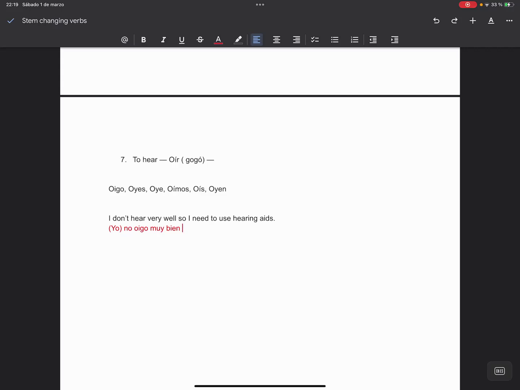So that connector, it's raining, so I'm staying at home. Or I don't have money, so I'm not going to buy the car. That is así que. It's a good connector to join two sentences. To need is the verb necesitar.